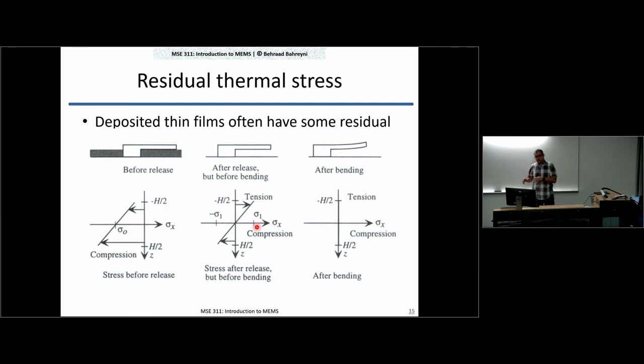Sometimes there are device design solutions that you have to take into account. So for example, if you use a fixed beam, well, it cannot really bend out of plane that much. If you have tensile stress instead of compressive stress in your films, well, if you release them, they're not going to buckle, they're not going to bend out of plane, they're still going to be stretched and they remain straight.